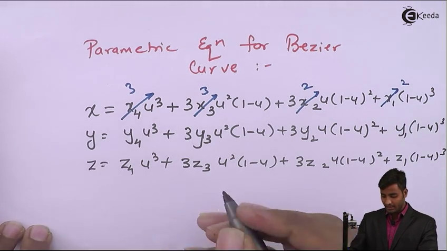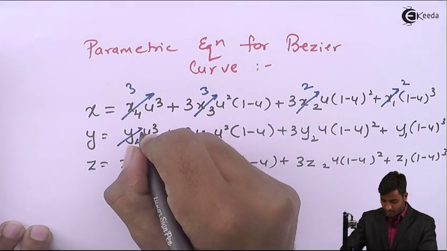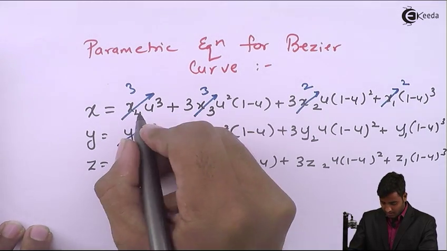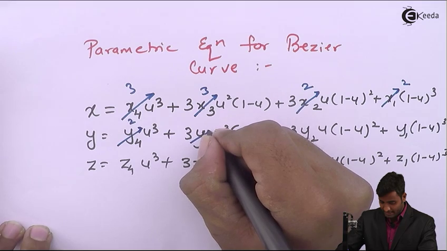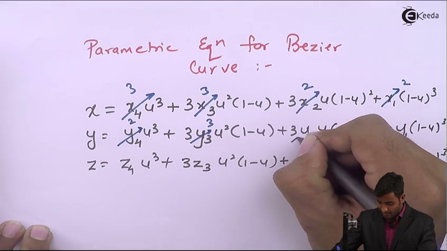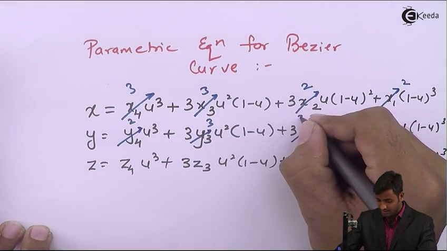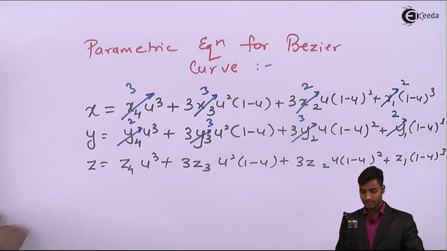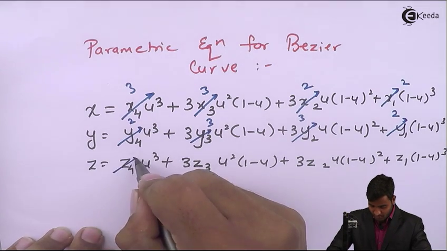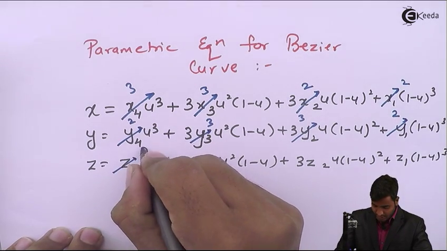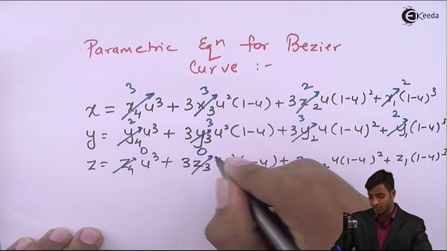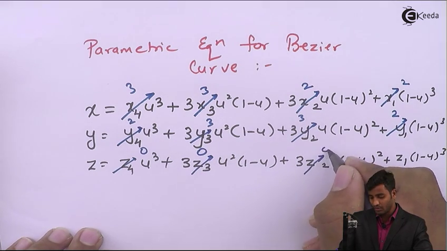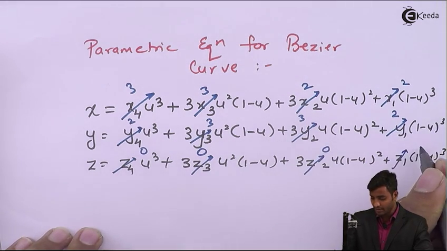And for y coordinate the value of y4 is 2, the value of y3 is 3, the value of y2 is 3 and value of y1 is 2. Similarly, the value of z4 is 0, the value of z3 is also 0, the value of z2 is also 0 and value of z1 is also 0.